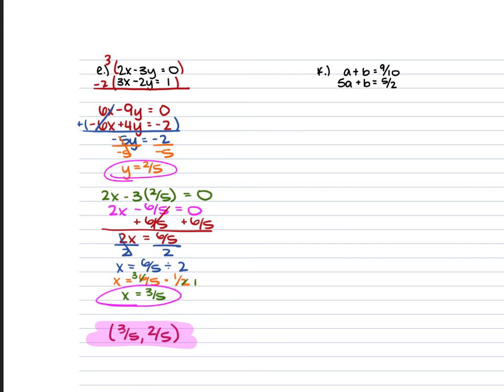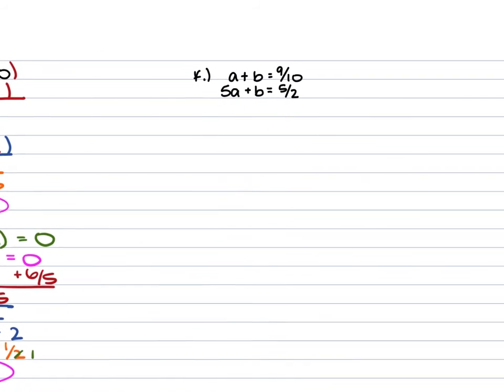For example F, we are given a plus b is equal to 9/10 and 5a plus b is equal to 5/2. Now when you look at these coefficients, the a's do not have the same coefficients. The b's, however, have a 1, invisible 1, as a coefficient. So if you multiply one of these equations by a negative, you can cancel out those b terms. So I'm going to do that to the bottom equation.